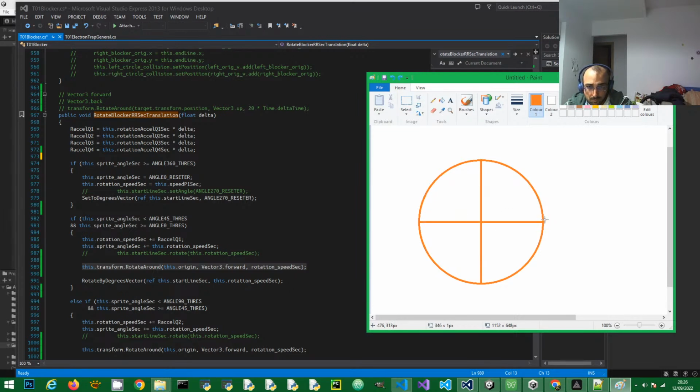So this if checks if we are here. This first quadrant, and we have motion. Rotate. Then if it's here, okay. Oh, no, nope. We have.